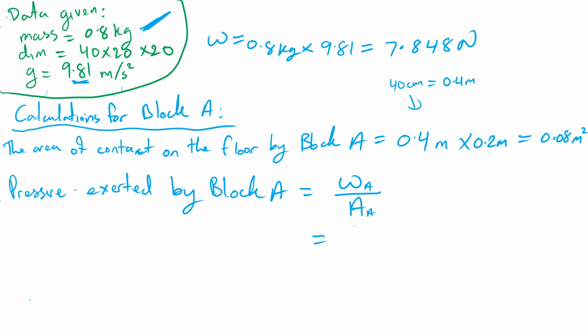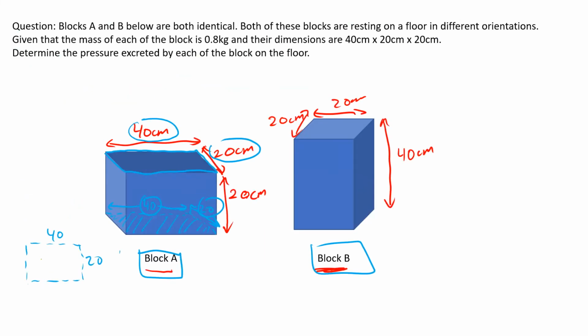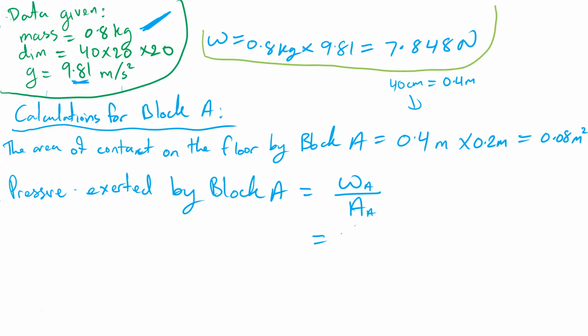So note that this weight will be the weight for both of the blocks. Okay, so since we know that, we can say the pressure is 7.848 divided by the area we just found, 0.08.